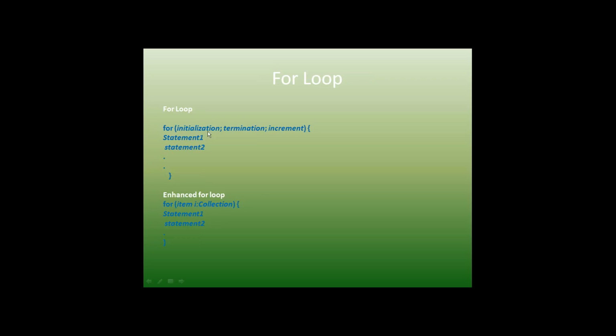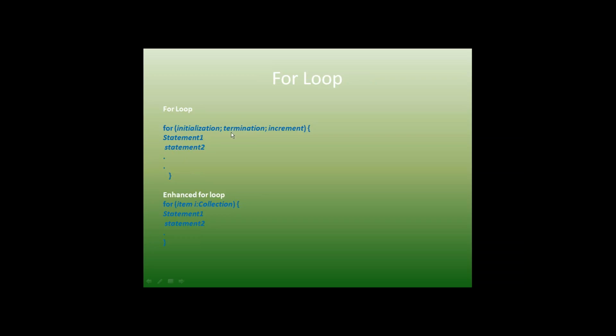First is initialization, the second one is the expression, which is like a termination condition we put. Whether the value of this middle expression is true or false decides whether the statements are executed. And the third one is increment.